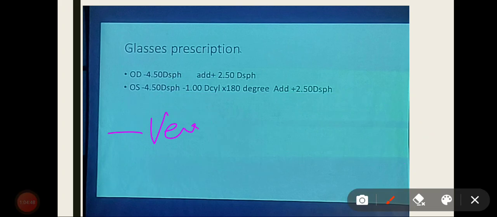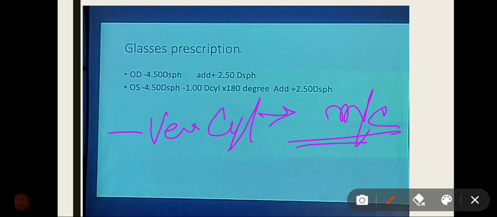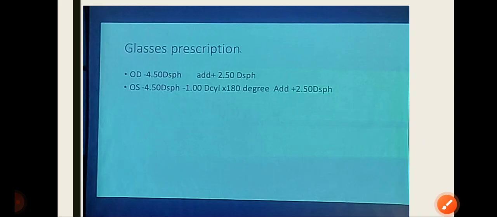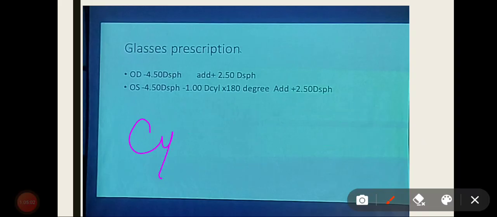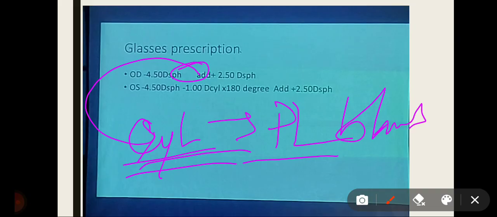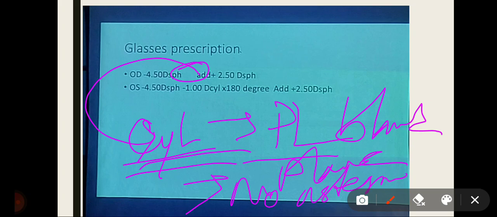Negative cylinders are most commonly used, and positive cylinders are used by some ophthalmologists. But if there is no cylindrical, what will this be? This is PL, blank or plano. There is no astigmatism.